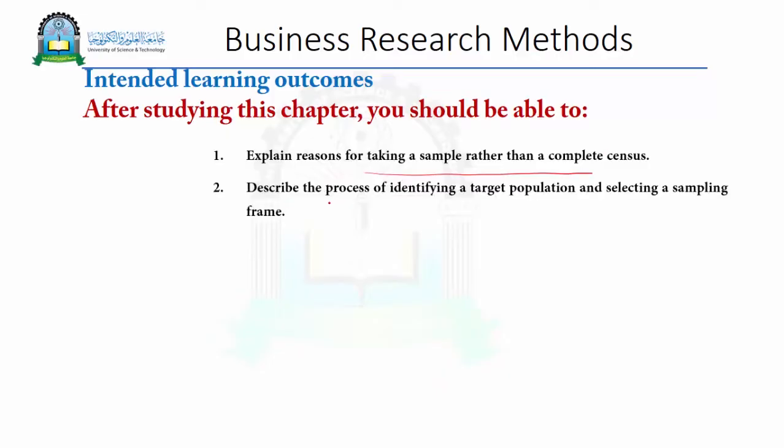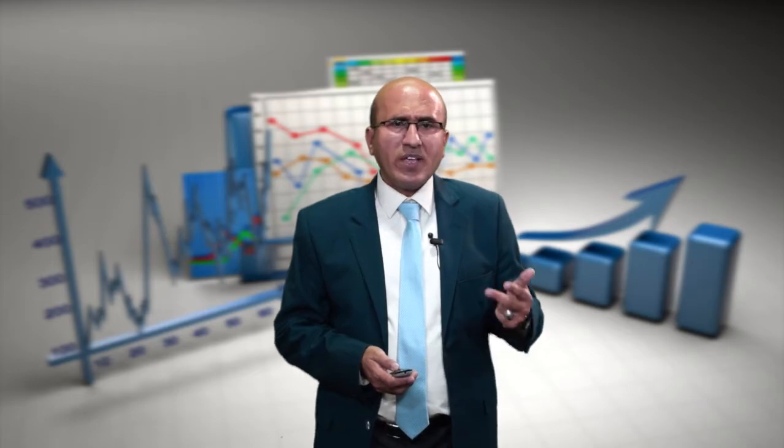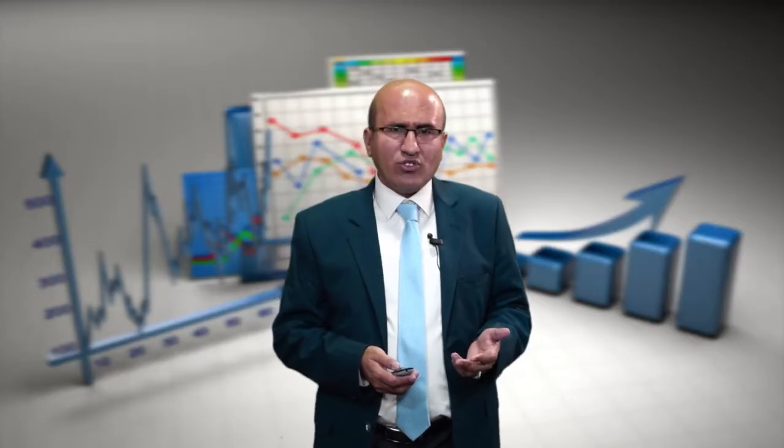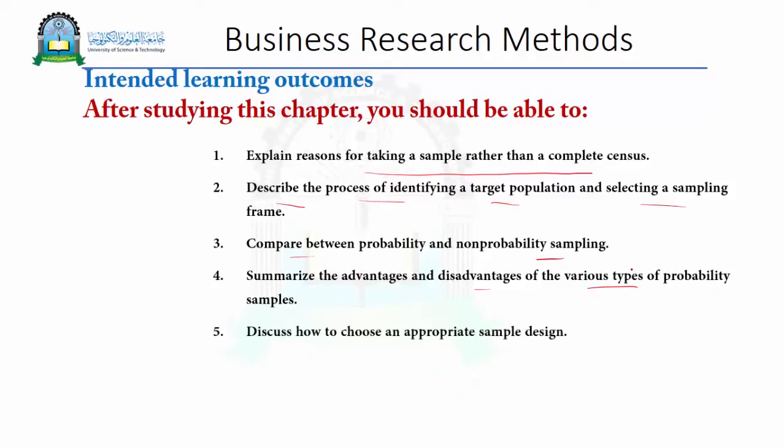The student should also be able to describe the process of identifying the target population and selecting a sample frame, compare probability and non-probability sampling, the two types of sampling, and summarize the advantages and disadvantages of various types of probability sampling. Also, the students should be able to discuss how to choose an appropriate sample design. All these are the ILOs of this session.